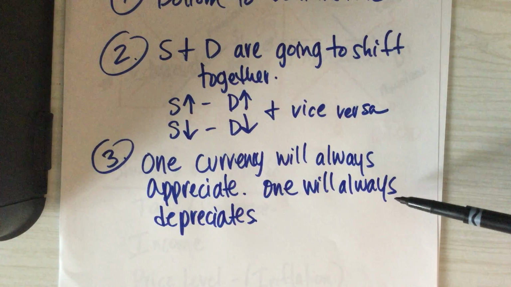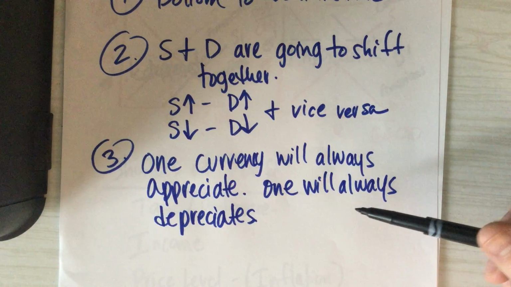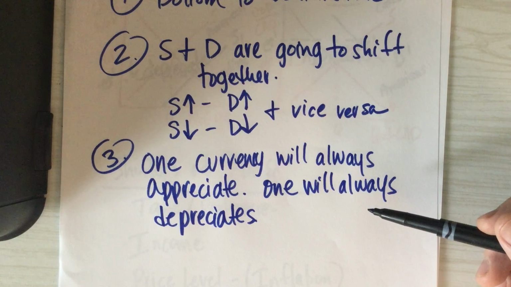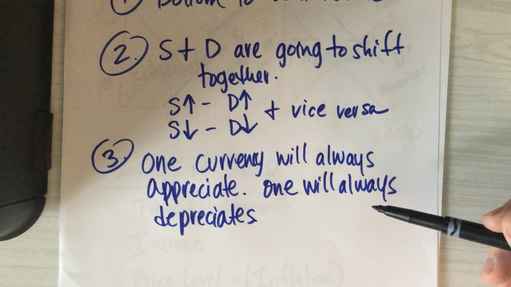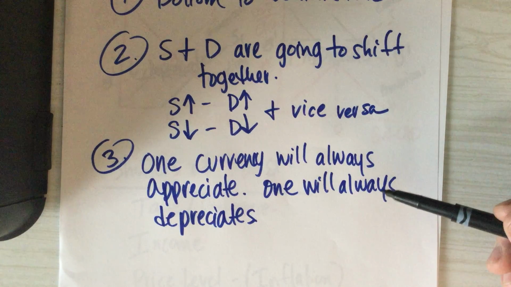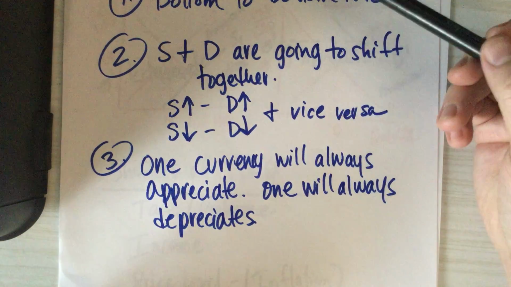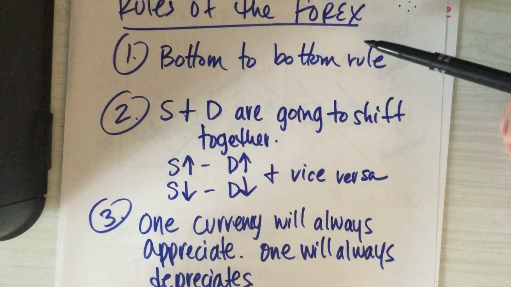One currency will always appreciate, one will always depreciate, because remember that you're comparing two currencies. So you can't have both of them increase in value. When you're comparing them, one has to go up, and the other will then go down as a result.